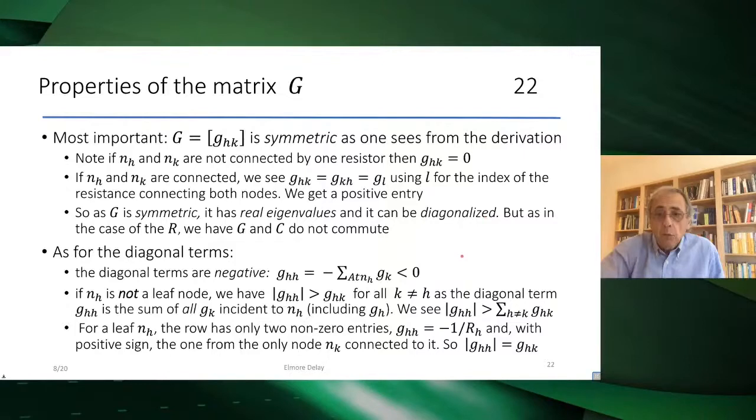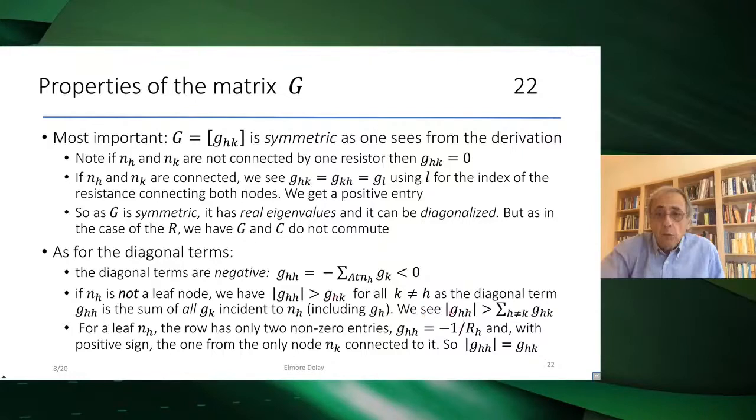But now we have some more interesting things. The diagonal terms, as we saw, we get a negative sign, and it's the sum of all the G's incident to that node. So if the next node or any node is not a leaf node, we have that the absolute value here is bigger than this because it includes all of the resistances at that node, but the other is only the ones connected one ahead.